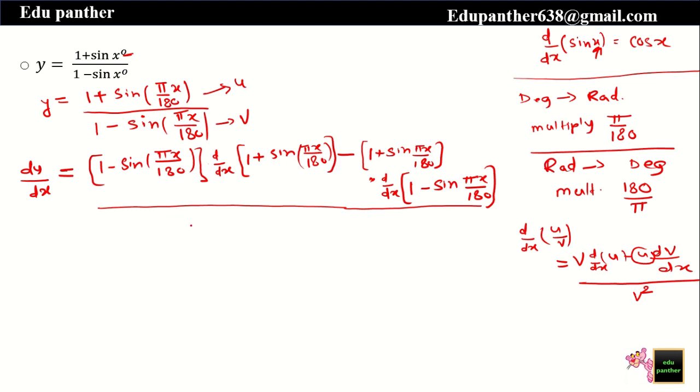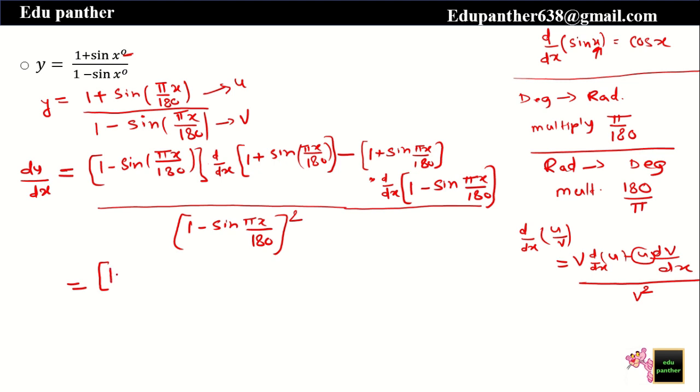So v square means 1 minus sine pi x upon 180 and then it's square.